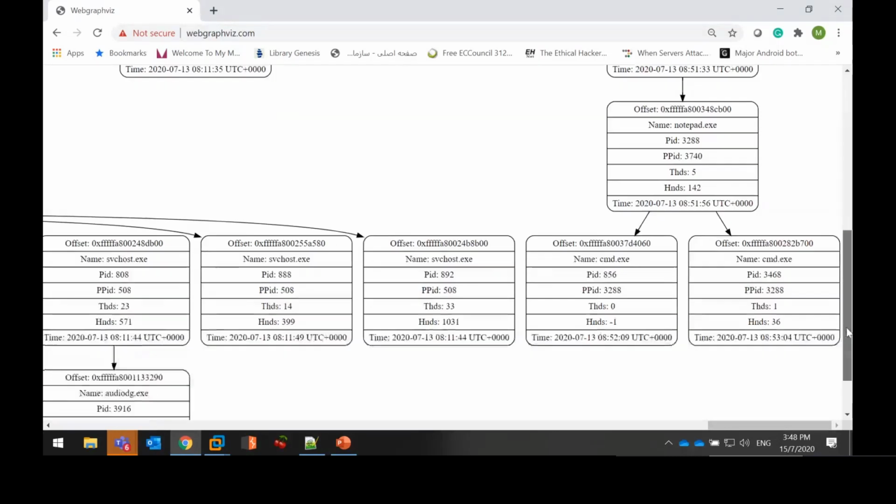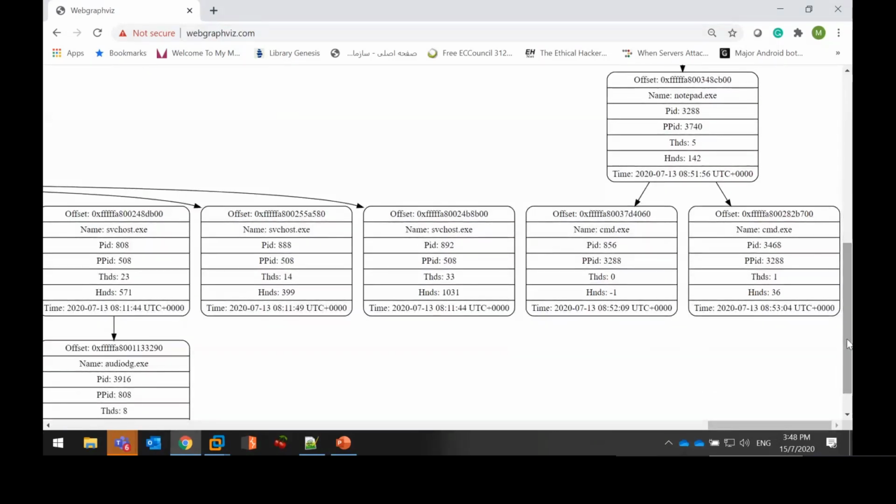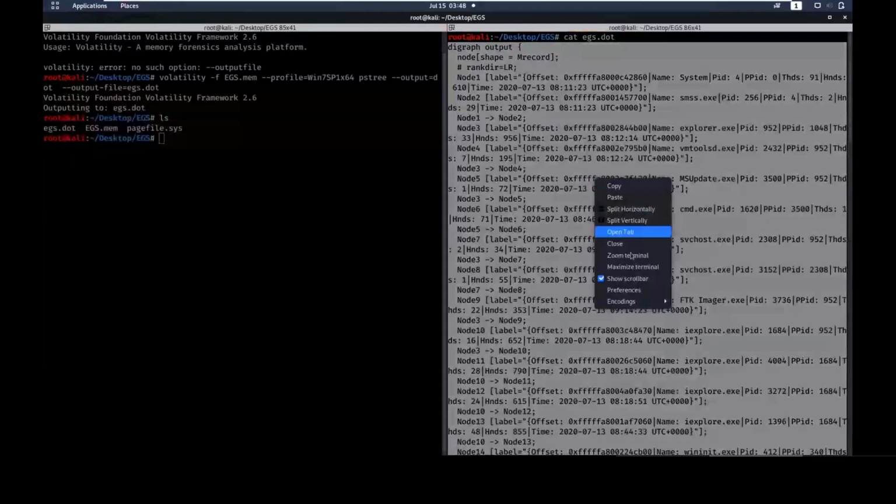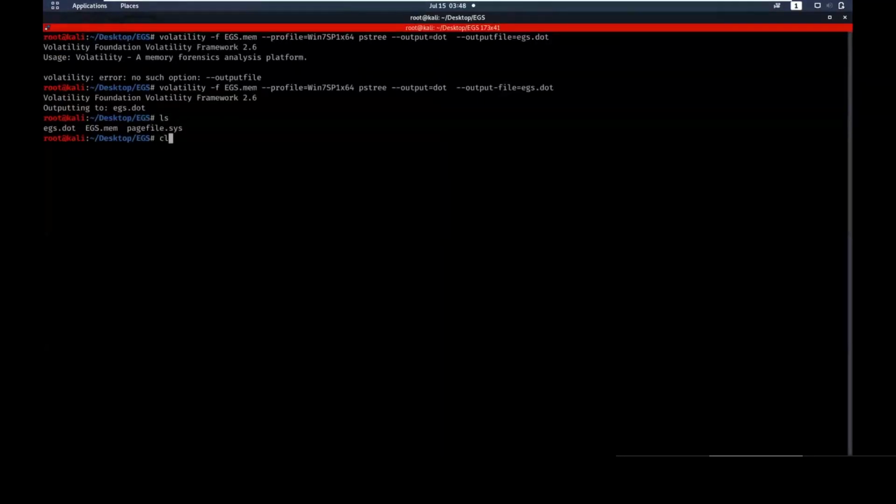So what next? In the next step, I want to know, are they malware or not? There is a built-in plugin for Volatility named malfind. So let's review the process again.